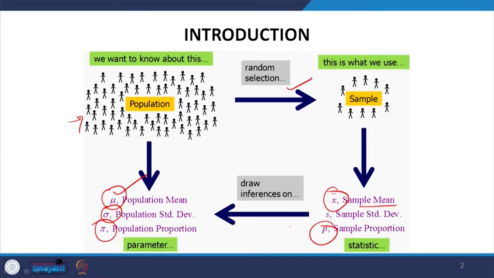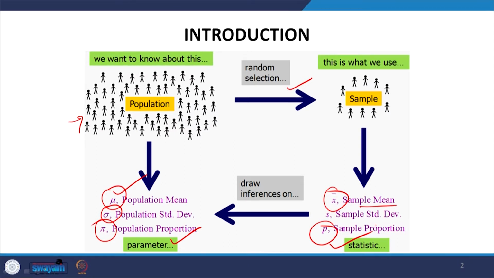These indicators, in the case of a population, we call parameters, whereas in the case of a sample we call them statistics. So there are two ways of distinguishing these indicators: in a sample they are called statistics, and in a population they are called parameters.